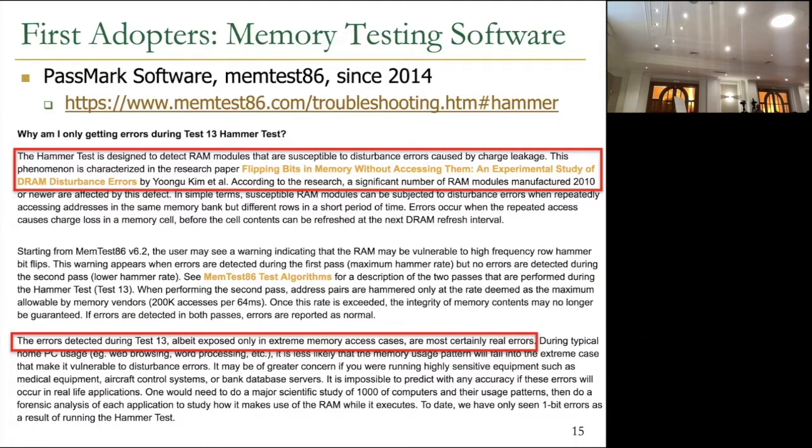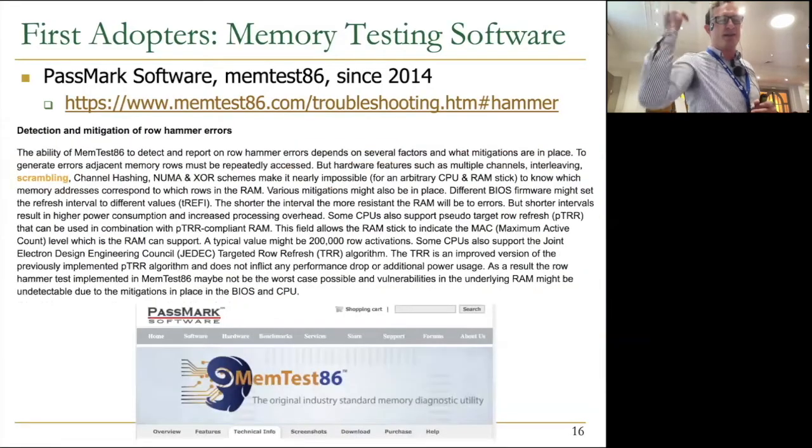The reason they had to say this is because they started getting a lot of complaints from people saying that my DRAM is failing in hammer test 13. So they didn't believe it would fail, but these guys had to say they're really real errors, and go read this paper. I mean, it's not supposed to be doing this, of course, but once you know this problem, it's expected. It really breaks the specification. They talk about some things, so if you can take a look at it, it's very interesting.